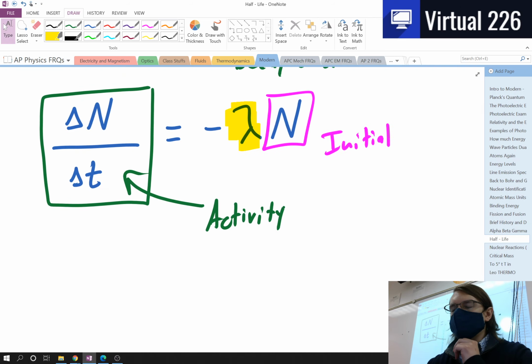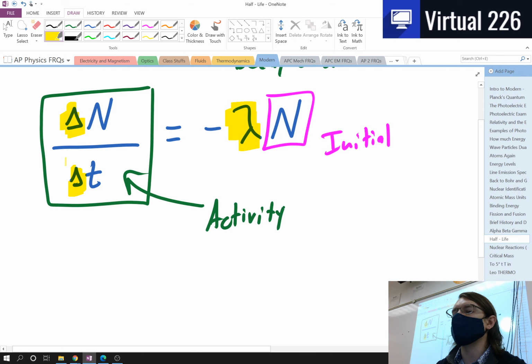So if we actually look at this, though, we might notice that this starts to look kind of like a differential equation, where if these delta symbols that we wrote here were actually turned into derivatives like dn and dt, well, that's definitely a differential equation. So let's take a look at this.